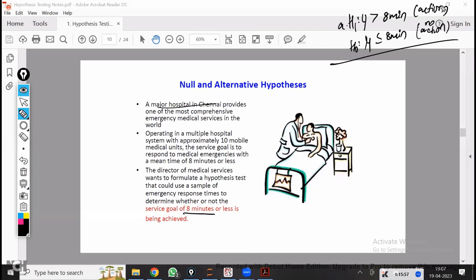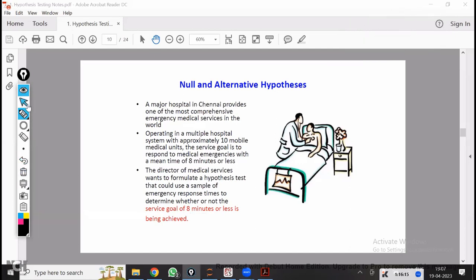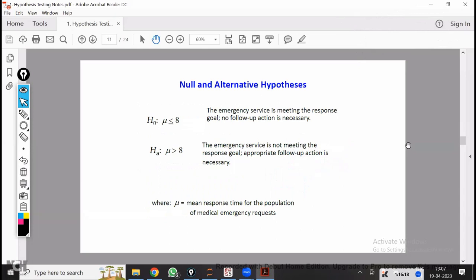Our work is just to check whether it is being achieved in less than 8 minutes or not. If it is achieving less than 8 minutes, no action is required. If it is not achieving, action is required. Is that clear, guys? So less than or equal to means no follow-up action is required.